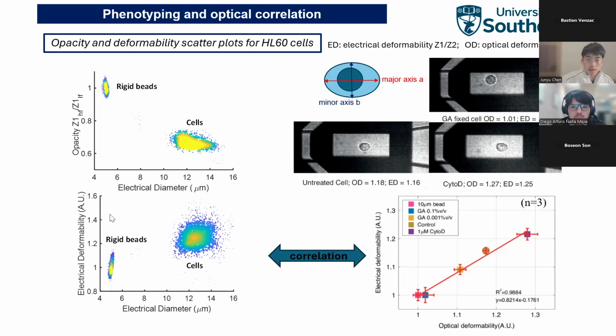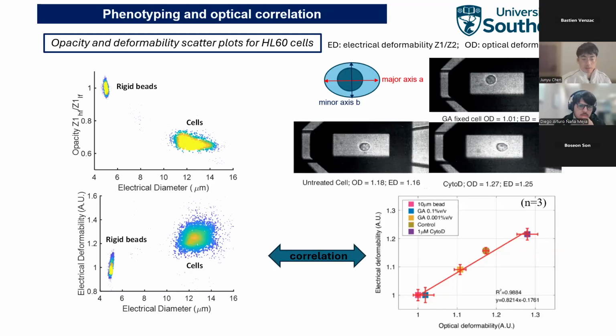You can see in the figure that small values of opacity indicate higher membrane capacitance, while a large value of electrical deformability corresponds to lower cell stiffness. The undeformed objects like the rigid beads have an electrical deformability around 1.